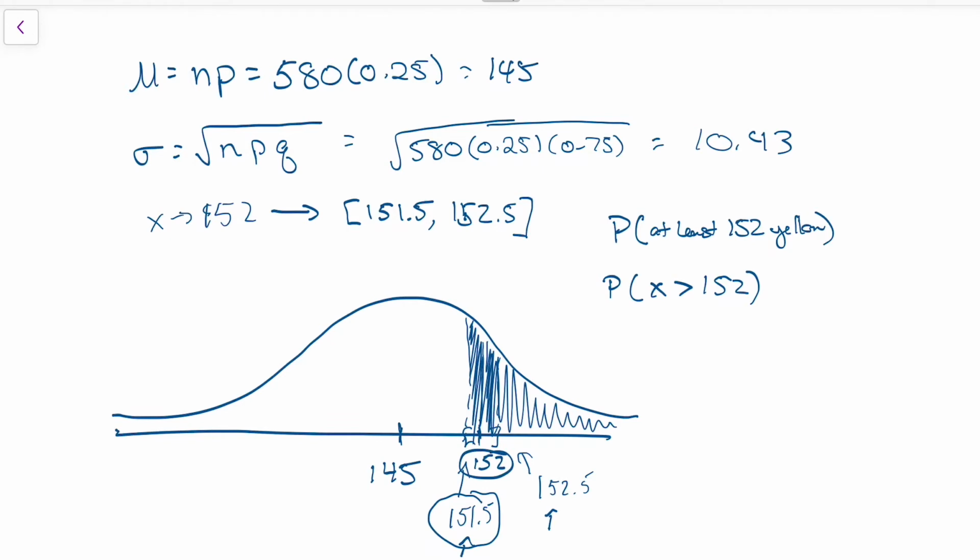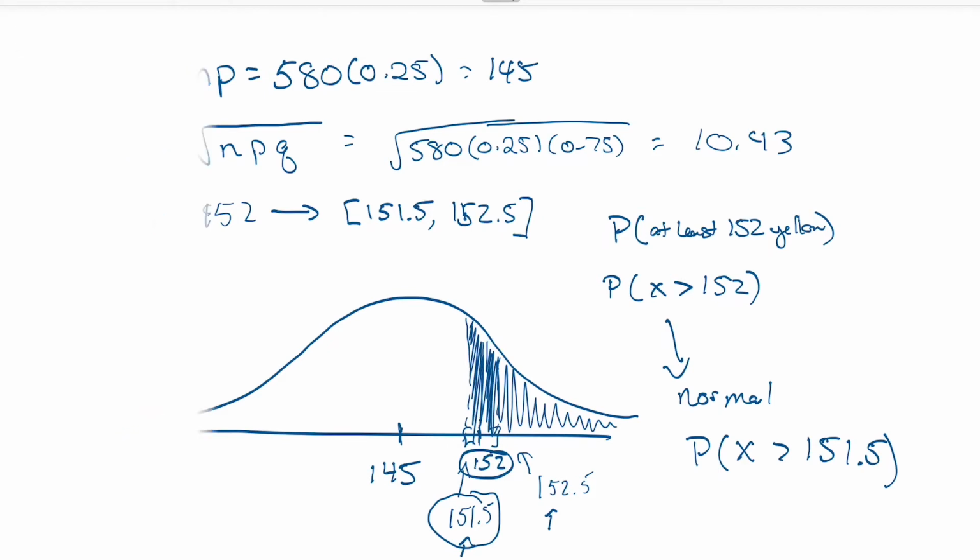So when I translate this to my normal, I want the probability that x is greater than 151.5. And so now I turn a binomial problem into a normal distribution problem. And we can solve any normal distribution problem.